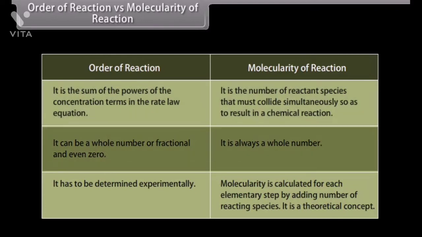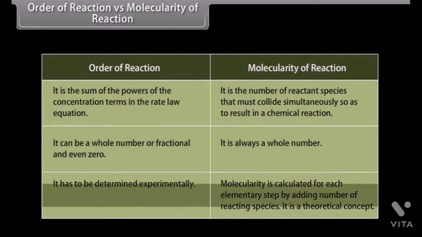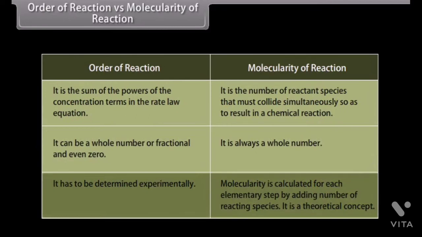Order of reaction can be a whole number or fractional and even 0, whereas molecularity of a reaction is always a whole number. Order of reaction has to be determined experimentally, whereas molecularity of a reaction is calculated for each elementary step by adding number of reacting species. It is a theoretical concept.